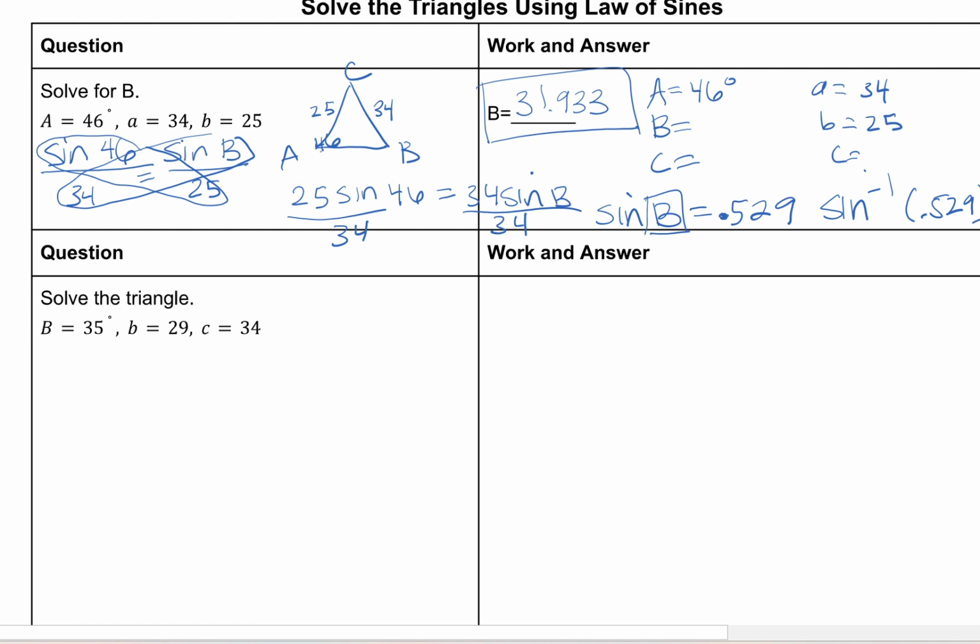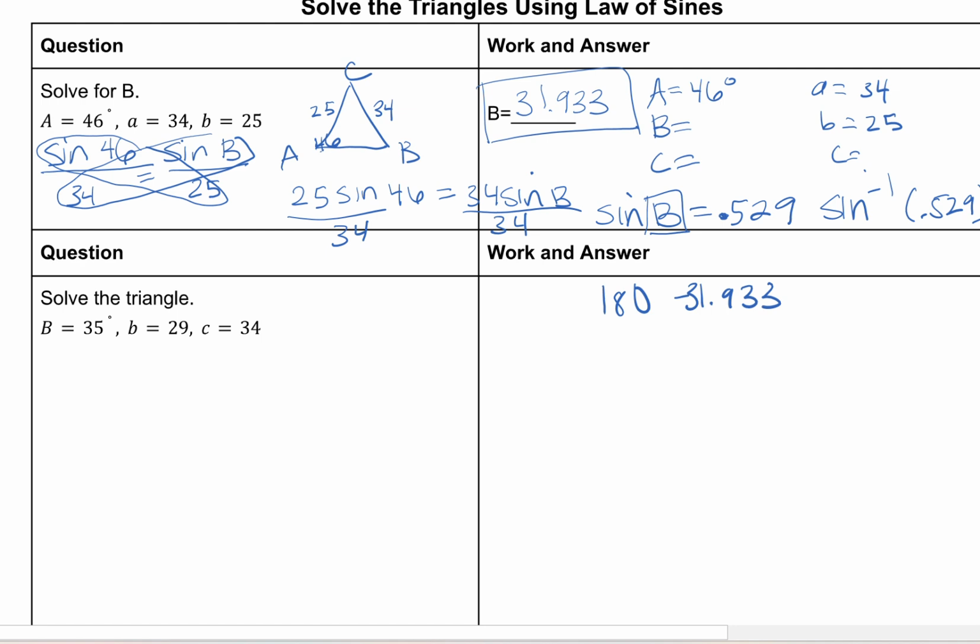Okay. All right. So do I need to check for a second triangle? Maybe. Because it only gave us the angle B, I probably wouldn't on this one because we already know what that is. If I did solve for another one, I would do the 180 test. So I would take that angle that I solved for and subtract it from 180.